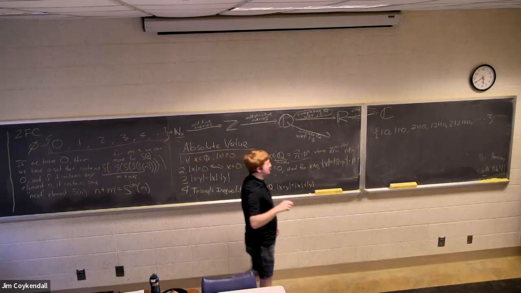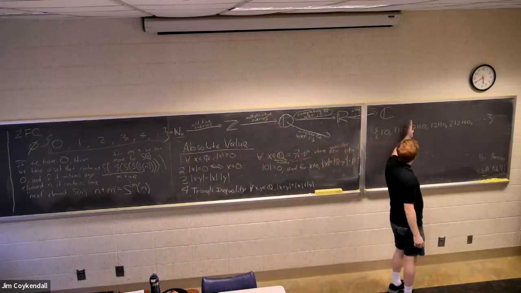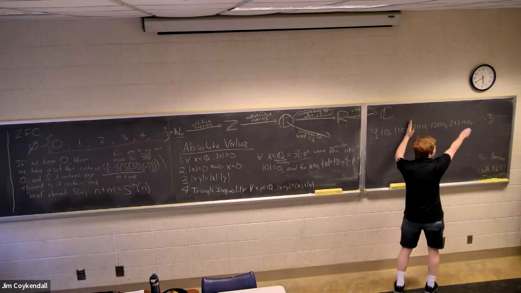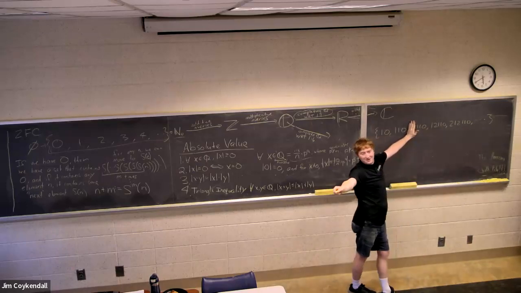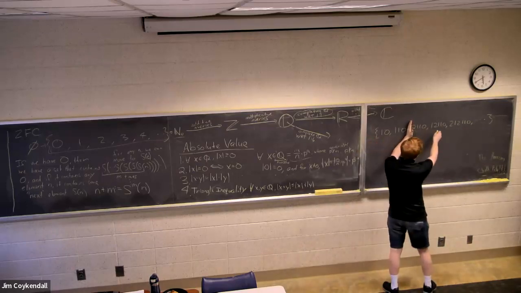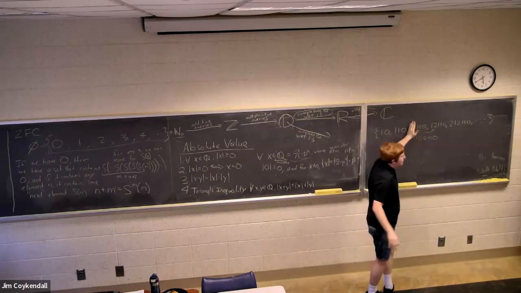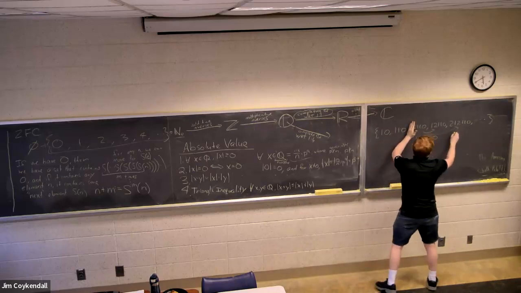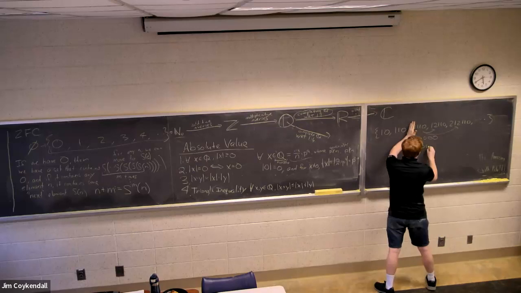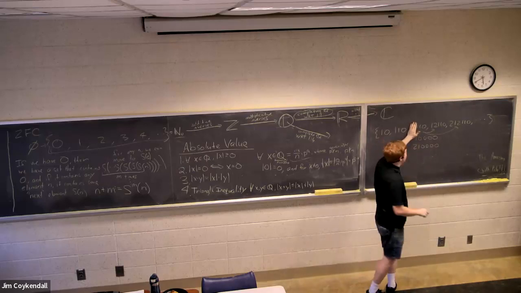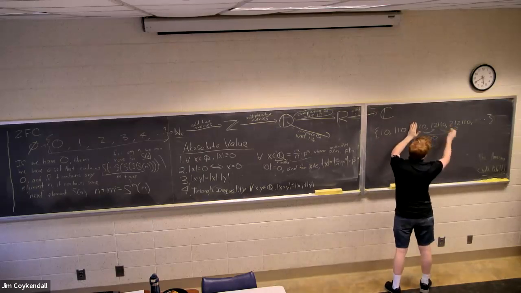And now, notice something here. If I pick any of these numbers over here, and I subtract them from each other, what do I get? Well, here, the difference of these is 10,000, base 3. The difference of these is 210,000 base 3. And the difference between these is 200,000.